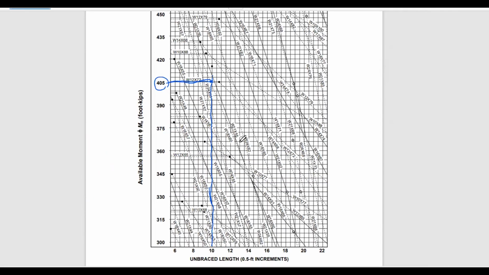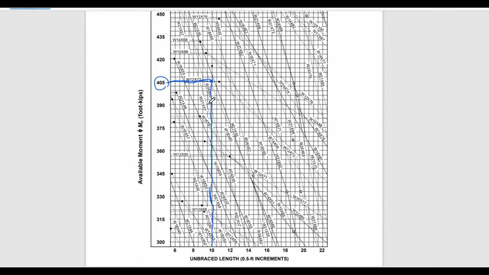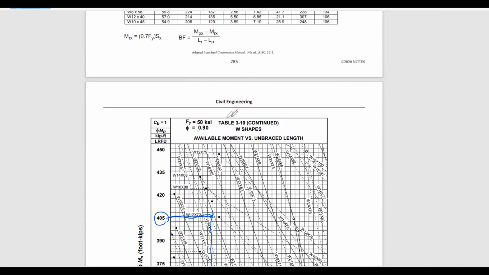So based on the table in the FE handbook, page 286, table 3-10, let me write down table 3-10.